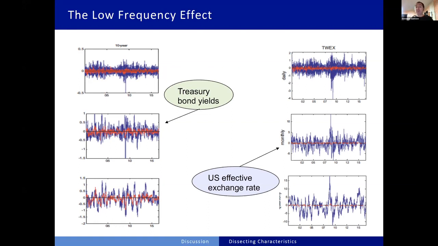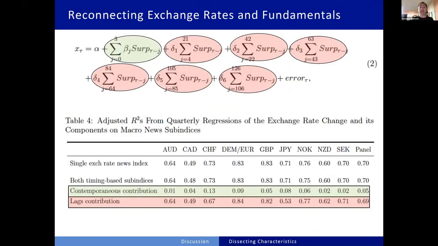However, if you look, this is something we did also with exchange rate, you don't find this effect. And the reason was clearly explained by Jenny: in the paper, Jenny and Vanya are not only controlling for the surprises in a very narrow window around the announcement, but also for lagged surprises, the month before, 2, 3, 4, up to 6 months before.